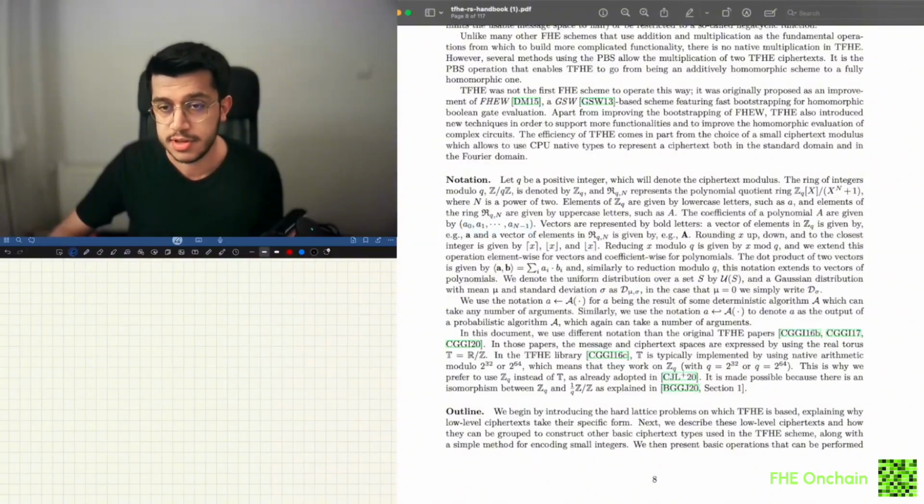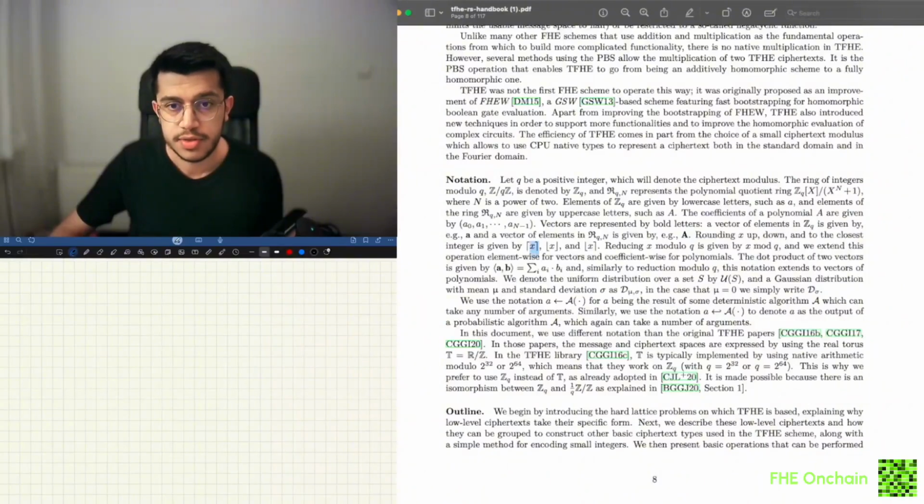Vectors are going to be represented by bold letters. If those vectors are vectors of elements in ZQ, then they're given by bold lowercase letters. But if they are vectors of elements in the ring, they're given by bold uppercase letters.